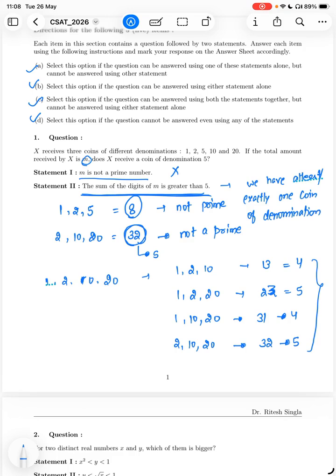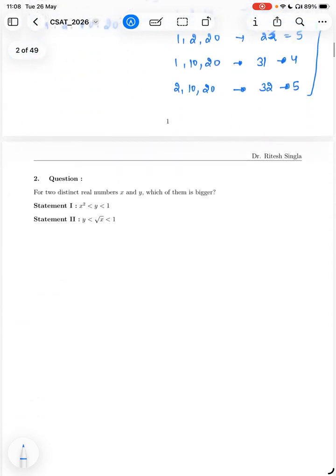So statement 2 alone is enough to guarantee that we have a coin of denomination 5. So what should be the option? Option A.